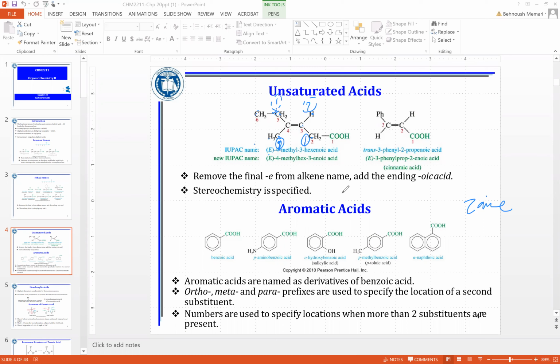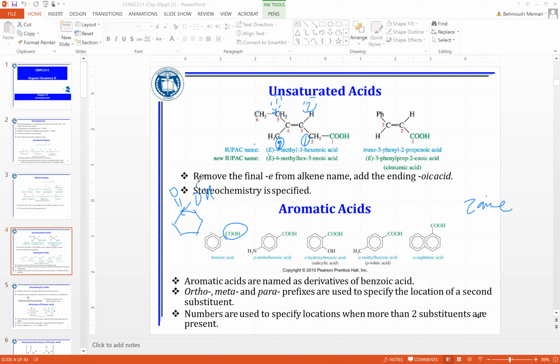Aromatic acids are the acids where a benzene ring carries the carboxylic acid functional group. Of course, inside the ring, there is no possibility. There is no cyclic acid at all, because then it would be too many bonds. If you have a C=O double bond, that's okay, but you cannot have OH here.